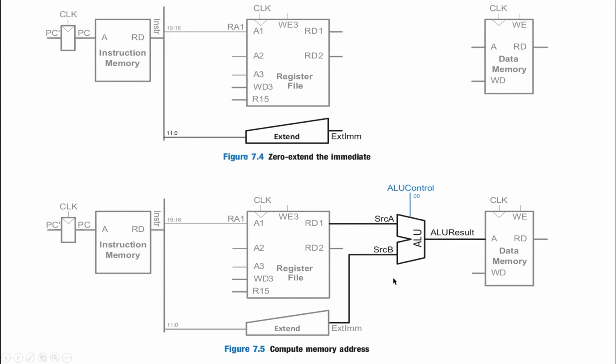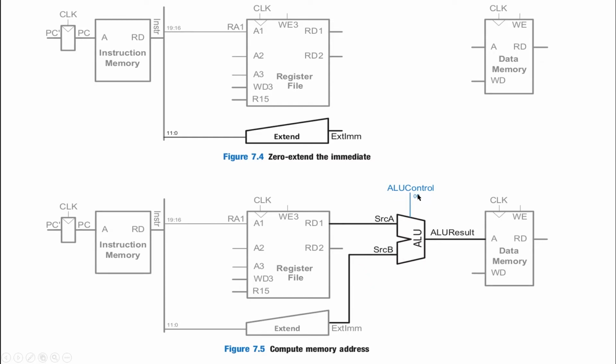In order to add the offset to the base address, we need to have an adder. We're going to be using an ALU, or the arithmetic logical unit, that combines a variety of mathematical and logical operations into a single unit. An ALU has inputs of source A and source B. For source A, we're going to have the base address, and for source B, we're going to have the immediate value, or the offset.